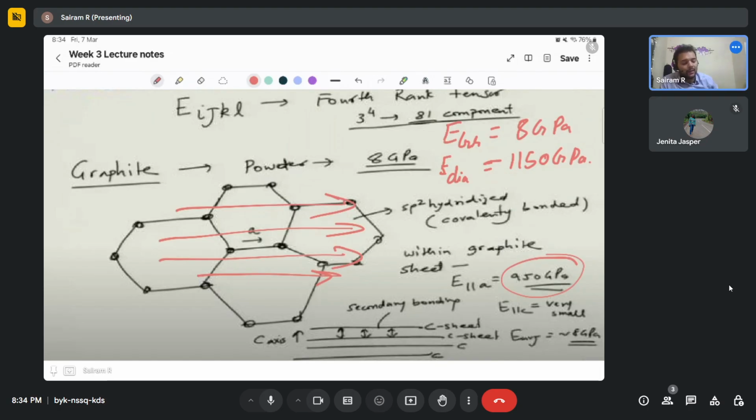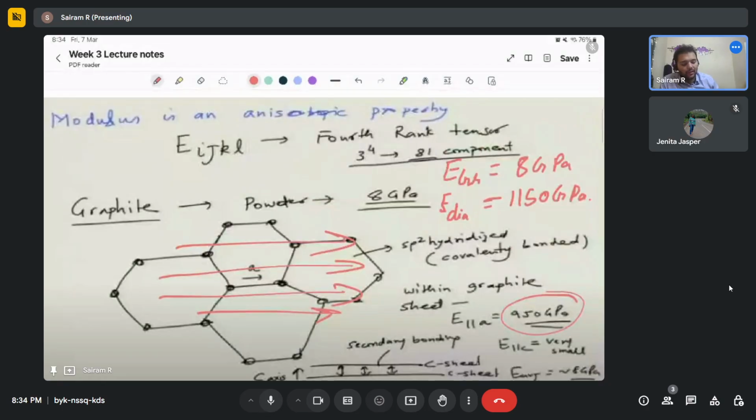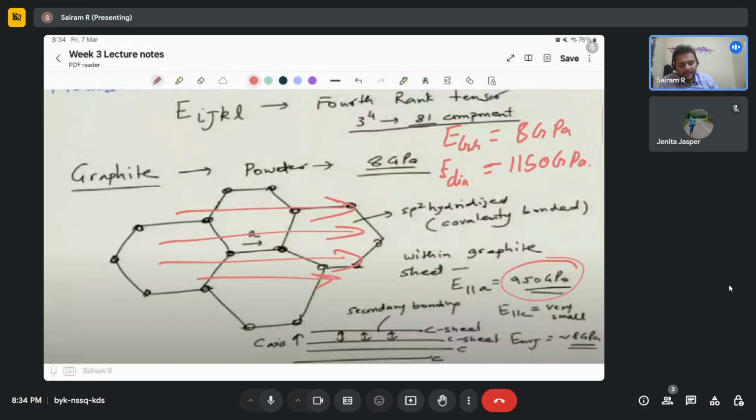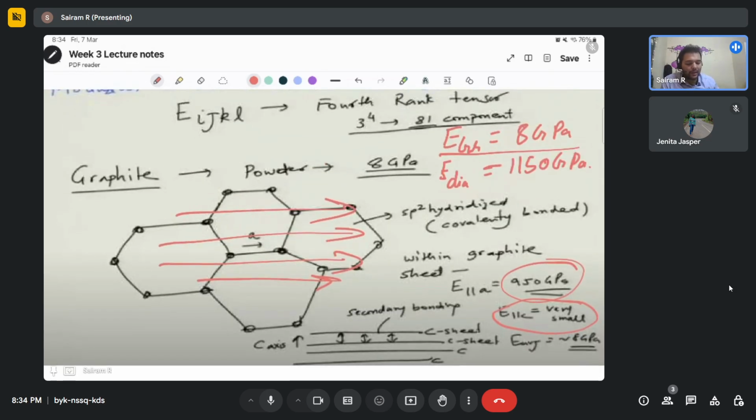It's very high, what we expect from a carbon-carbon bond. But because of the very weak van der Waals forces, we always say, always target the weakest link. The weakest link here is the bonding between the two parallel sheets of graphite, which has very small values of elastic moduli. So as a combination of these two together, we have a very low value of elastic modulus for graphite, whereas diamond, which follows the tetrahedral structure, has a very high value of elastic modulus.